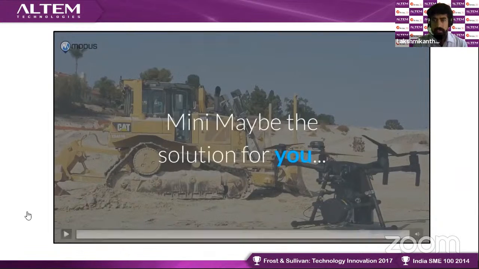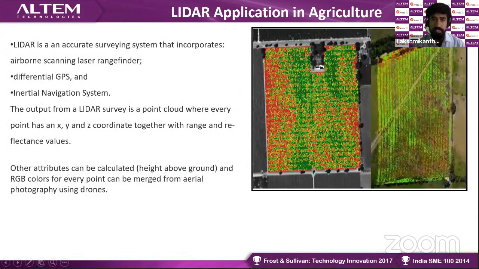So next, generally lidar based systems are the most accurate, as I said, and usually they come with GPS and inertial navigation systems. The general output format, as you have seen in that video, is point cloud data.